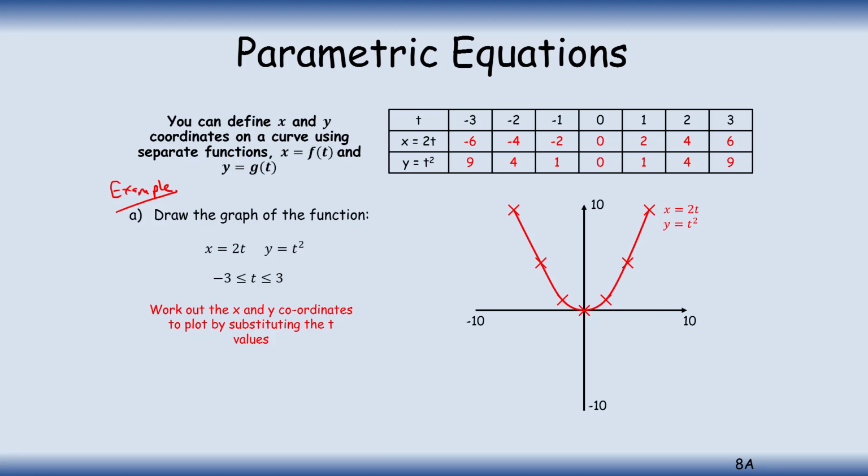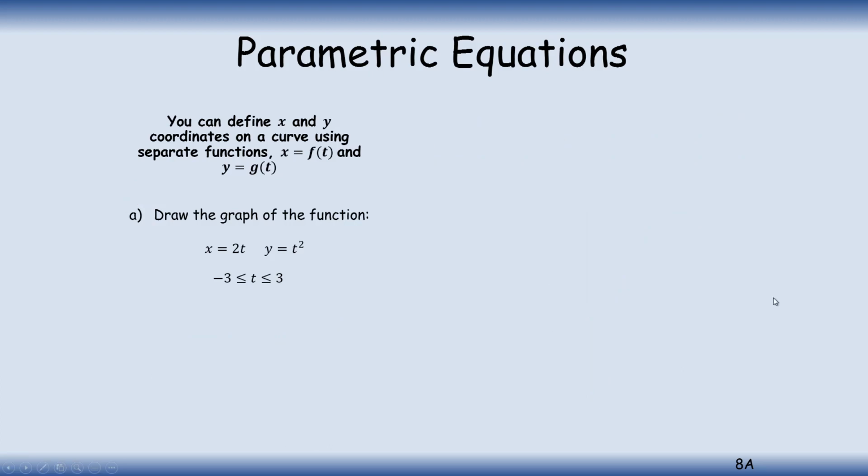Now we can also rewrite this in terms of x and y and then sketch the curve. So let's look at doing that. In terms of x and y, we've got that x is equal to 2t. I can rewrite that as t is equal to x over 2. Now y is equal to t squared.